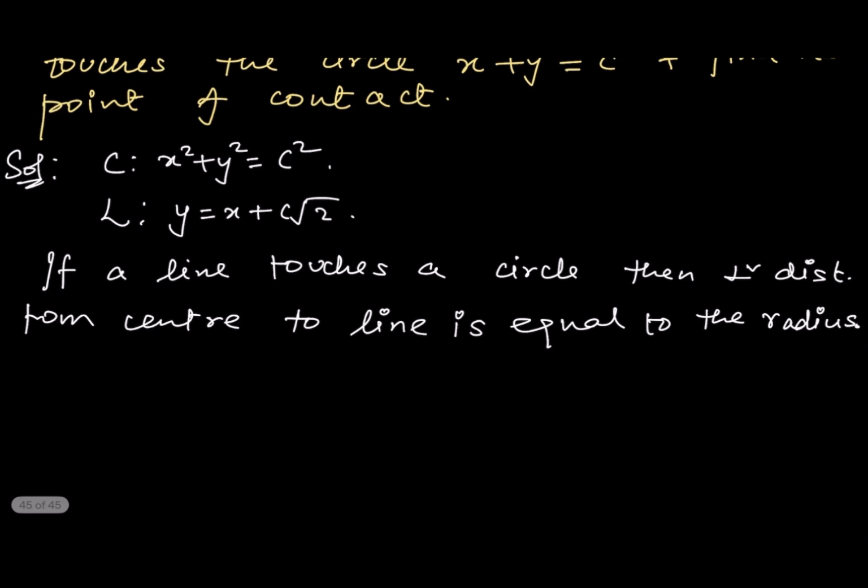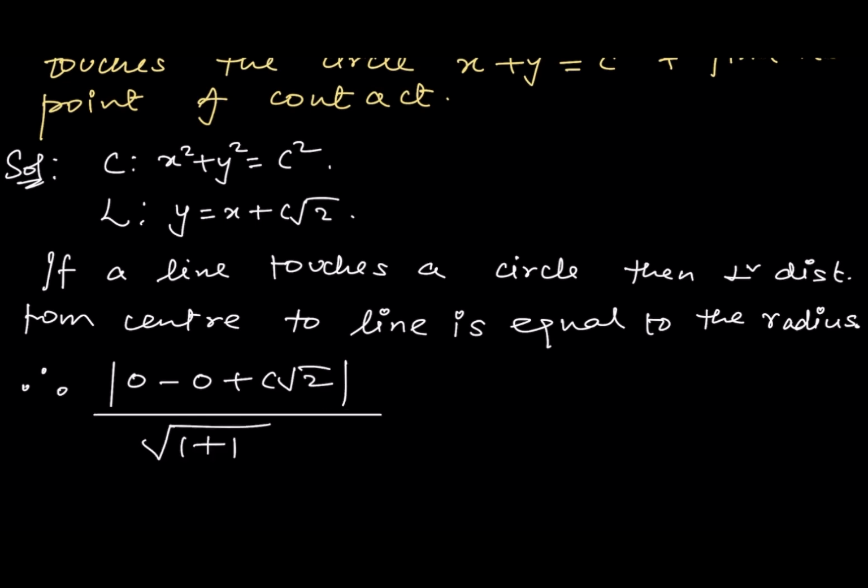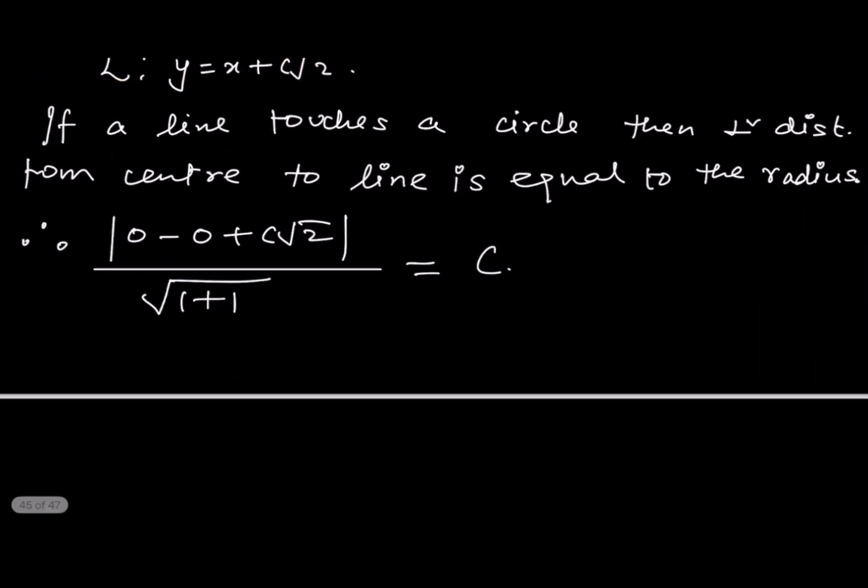So in this case, using this condition of tangency, mod of 0 minus 0 plus c root 2 by root over 1 plus 1 is equal to c, which is the radius of the circle, right?